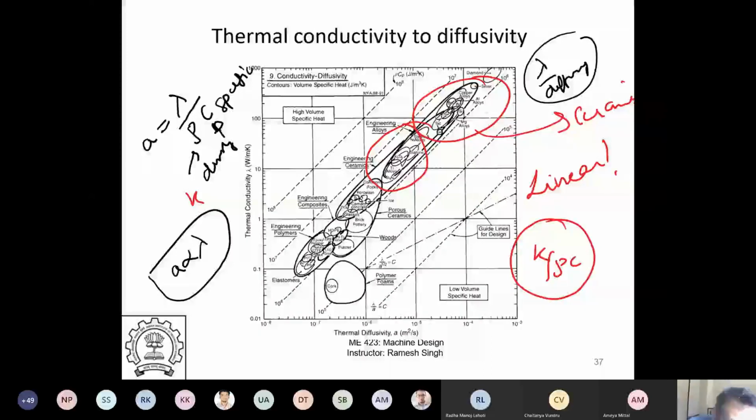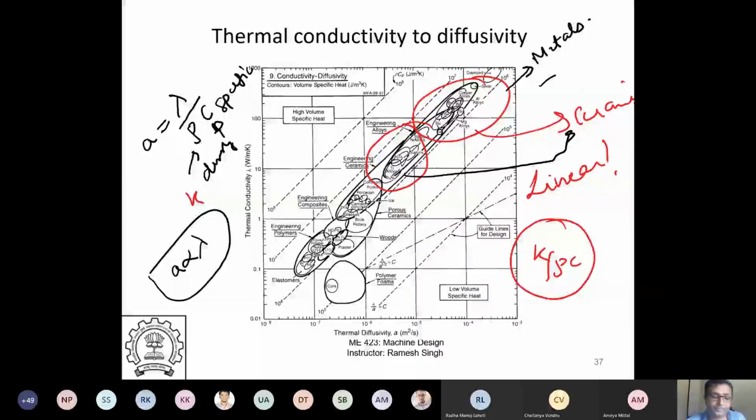So these are ceramics right here, and these are metals. So metals will have very high thermal conductivity. Copper alloys are on the top, and ceramics have low thermal conductivity, but diffusivity is reasonably high because they have low rho, right? So that's why ceramics also line up pretty well here.